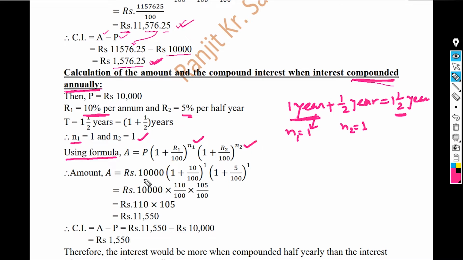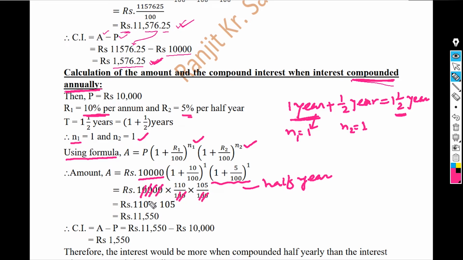Just put down the values, principal is same, but for 1 year rate of interest is 10%, that is 10 by 100, and for half year, this is for half year. Remember this, ये आधे साल के लिए है. Then calculate it. Just cancel the two zeros from numerator and denominator, and from numerator and denominator you can cancel these two zeros.